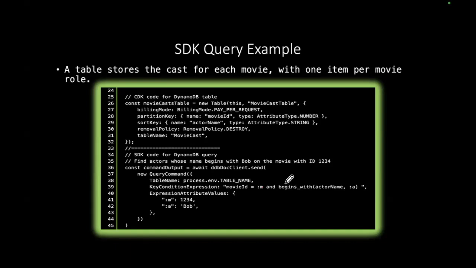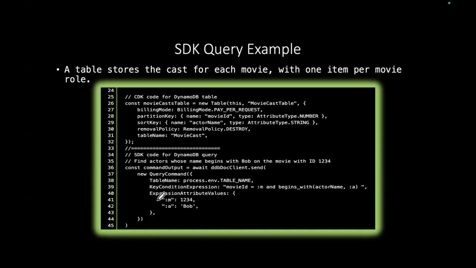The AND operator then, and here is a condition related to the sort key, which in our case is actor's name. And I'm looking for actors' names that begin with a particular substring. And I've just hard-coded this substring here. So I'm looking for all actors in movie 1, 2, 3, 4, where the actor name begins with Bob.